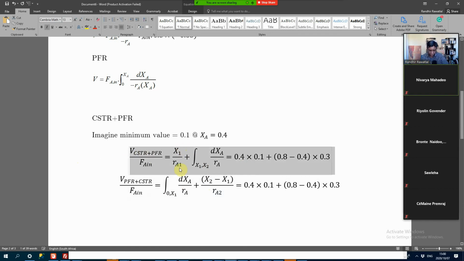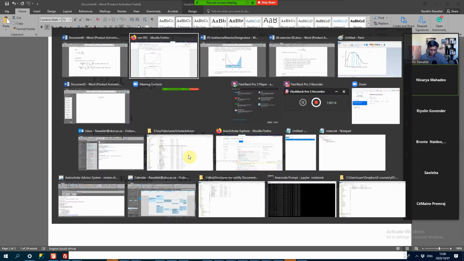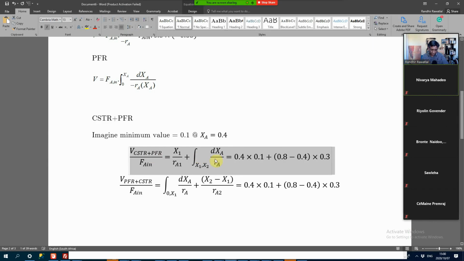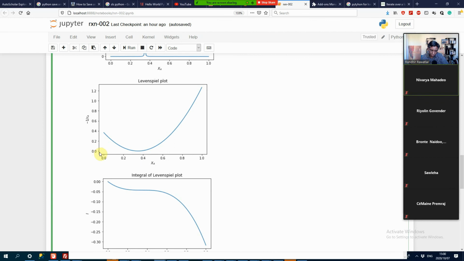We took this ratio. We said that we assumed this value was 0.1 here, and so that's referring to 1 over RA 0.1. And you see there, I'm taking the value at this x value. And you might say, well, why didn't you take the value here instead?